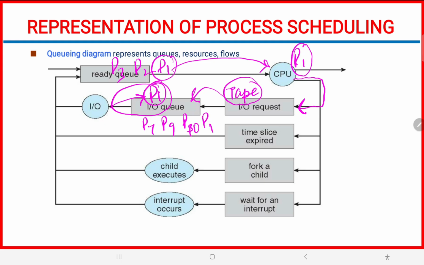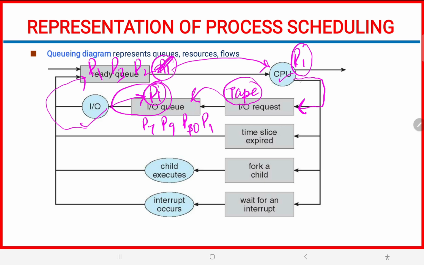So it is in the IO queue for tape. The moment P1 gets access to tape, it will do its job, and once the job is done, it again enters onto the ready queue at the end. So this is again waiting in the ready queue to get access to the CPU. So again, when its turn comes, it can do its remaining job.